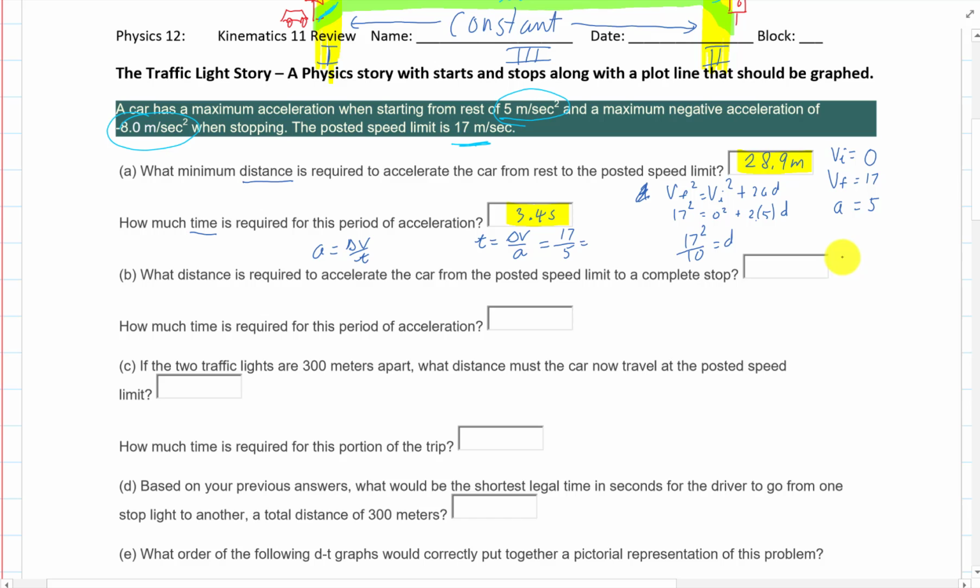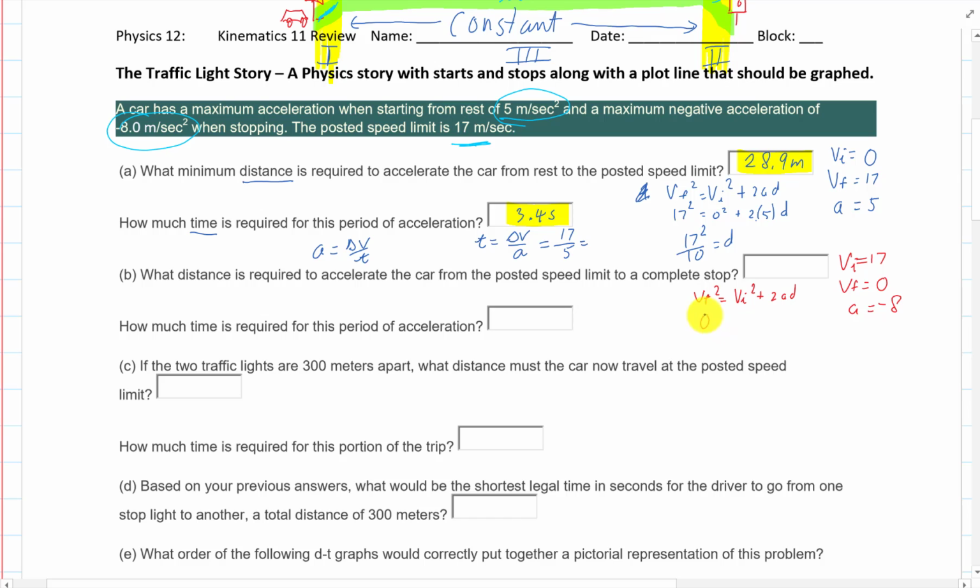Now, when you're stopping at this stage 2, what's the distance to stop? Different numbers. VI is 17. VF is 0. Just swap because you're going from maximum speed down to 0. And the acceleration here is negative 8. So it'll be the same formulas, just different numbers. VF squared equals VI squared plus 2AD.